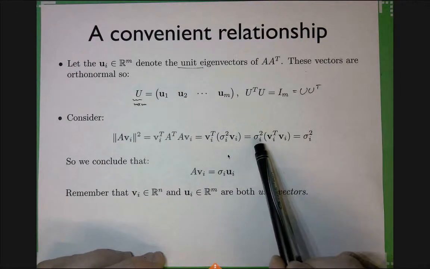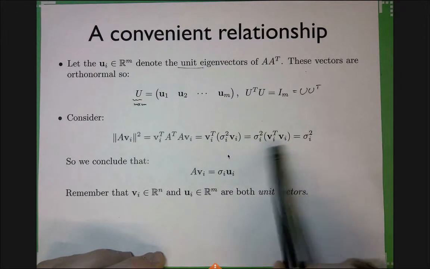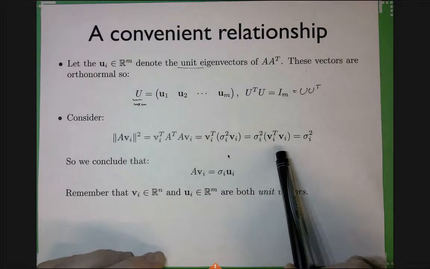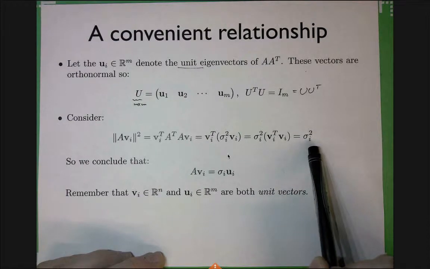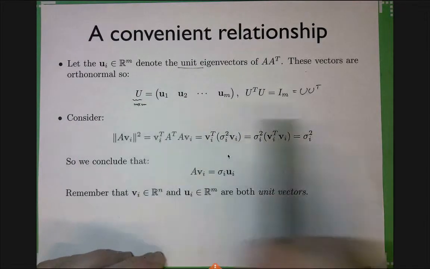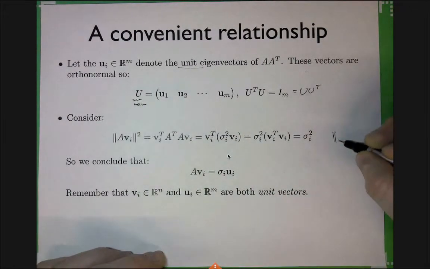So I can pull it out. And because the v_i's were unit eigenvectors of A^T A, then this is 1. So this is just sigma_i squared. So I can cross out the squares. So the length of A v_i is sigma_i.